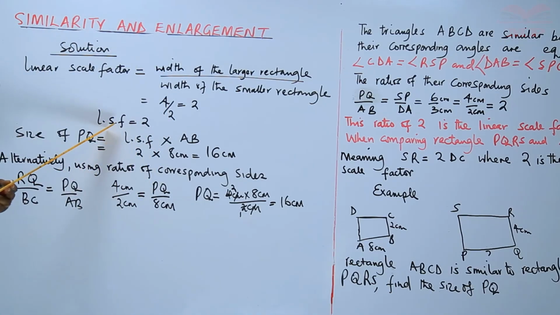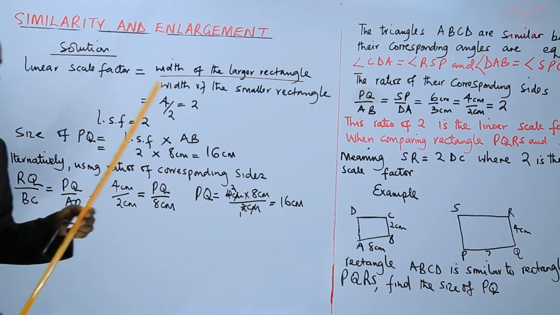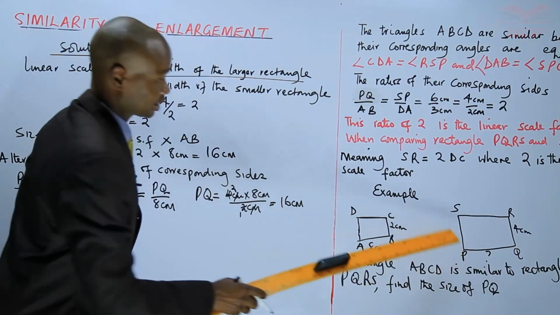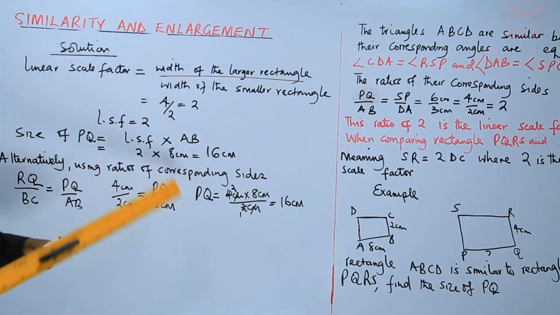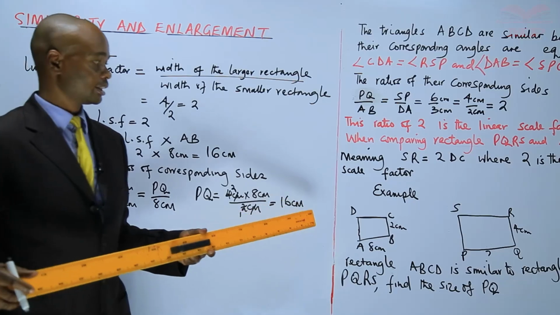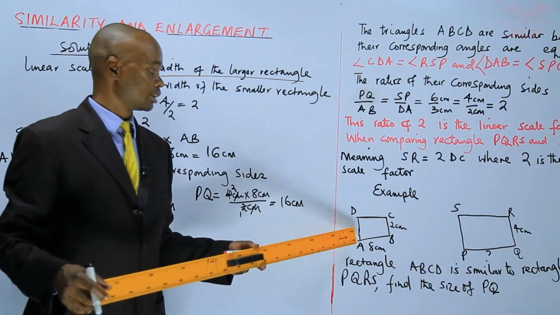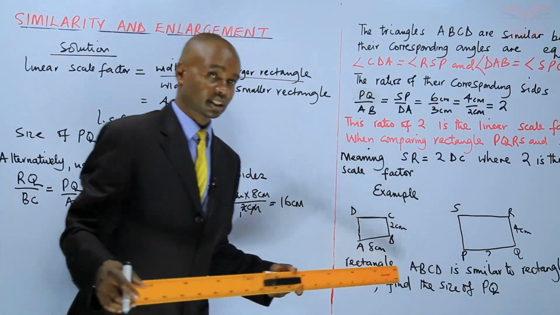So as you understand a linear scale factor, you are also able to use the ratios to get the value of PQ. As a recap, when we have two similar shapes, a linear scale factor exists to get the size of the second one.